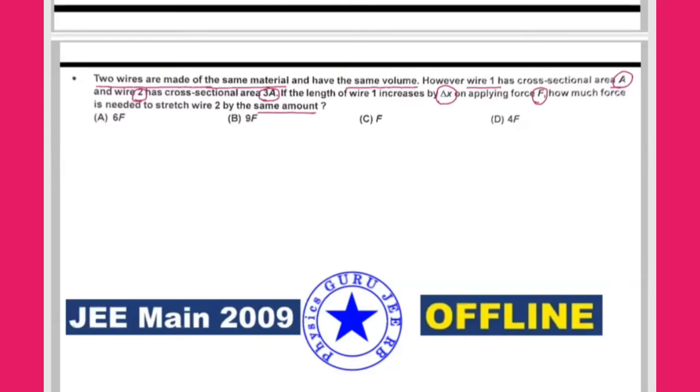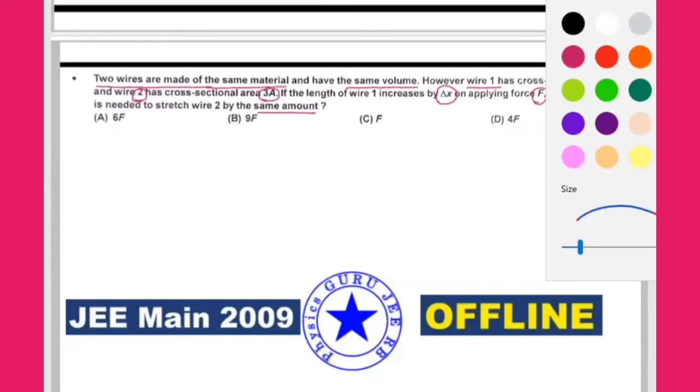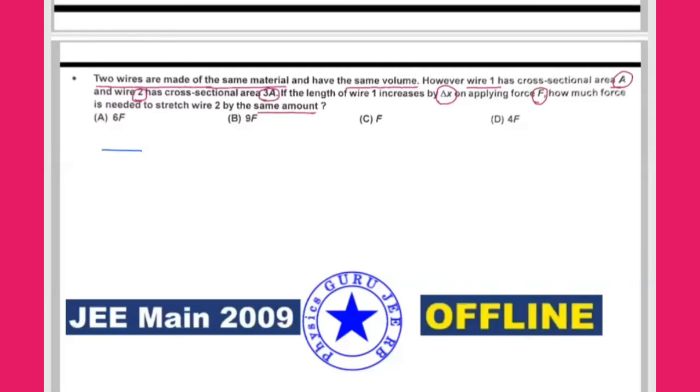Let me consider two wires here, first wire number 1, another wire number 2. So what is given here? Two wires made up of the same material.